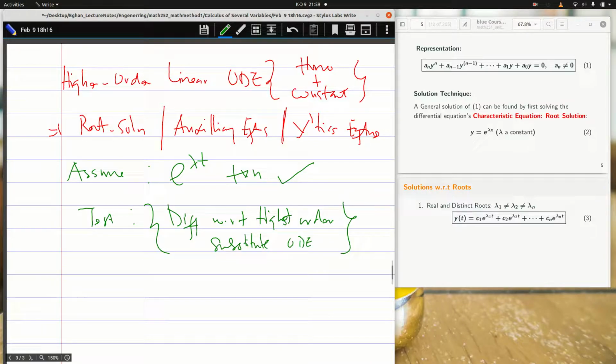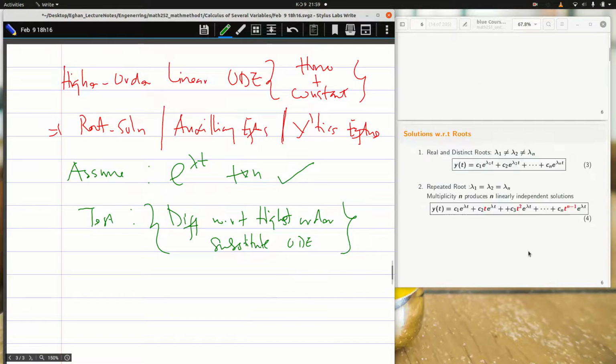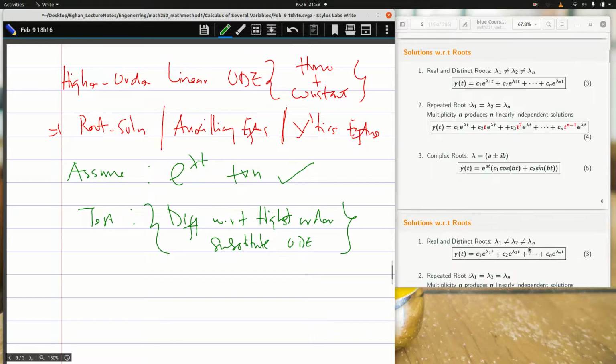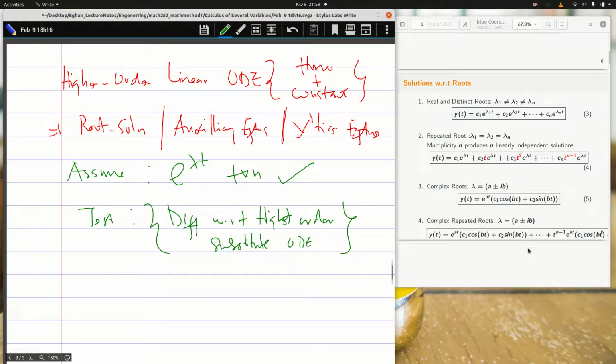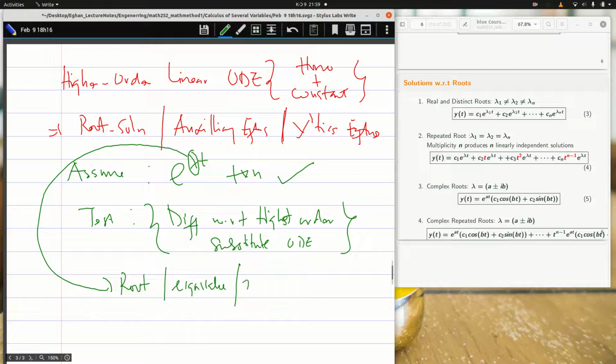Now before you do that, the lambda in the assumed solution is called the root, or someone will call it the eigenvalues if I'm looking at the matrix form, or it is called the zeros of a polynomial. Zeros of a polynomial means you are looking for factors for which the polynomial gets to 0.